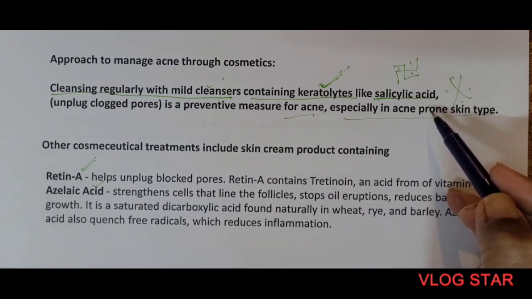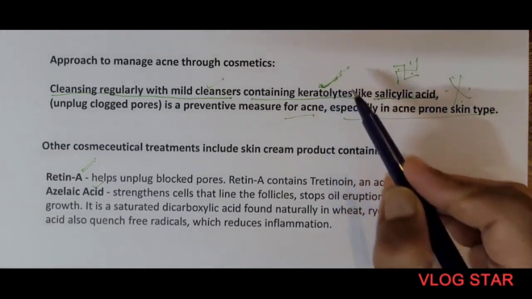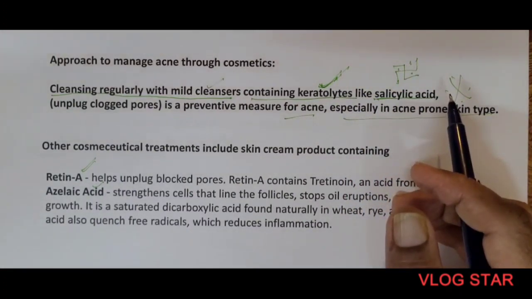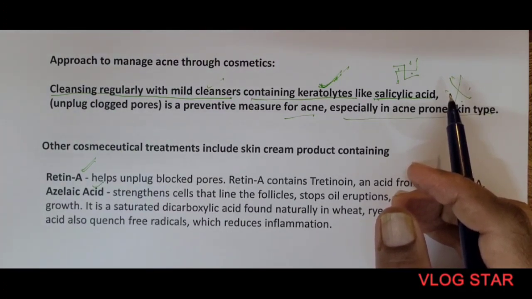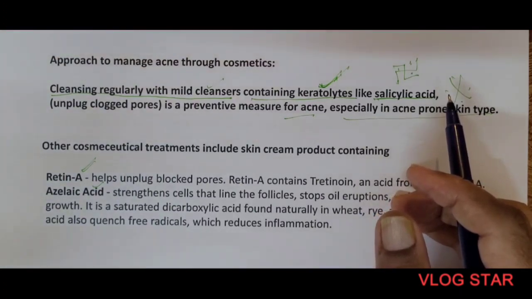Keep the area clean using mild cleansers containing keratolytics. What do keratolytics do? They soften the keratin plug. I told you the sebaceous duct can get hyperkeratinized. So, keratolytics soften that hyperkeratinized wall and allow the sebum to flow freely.